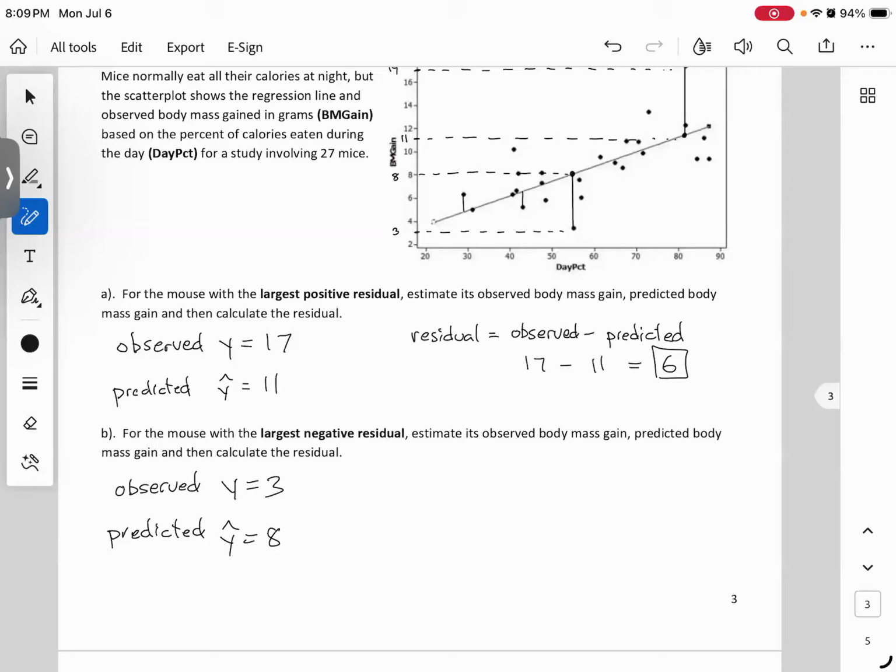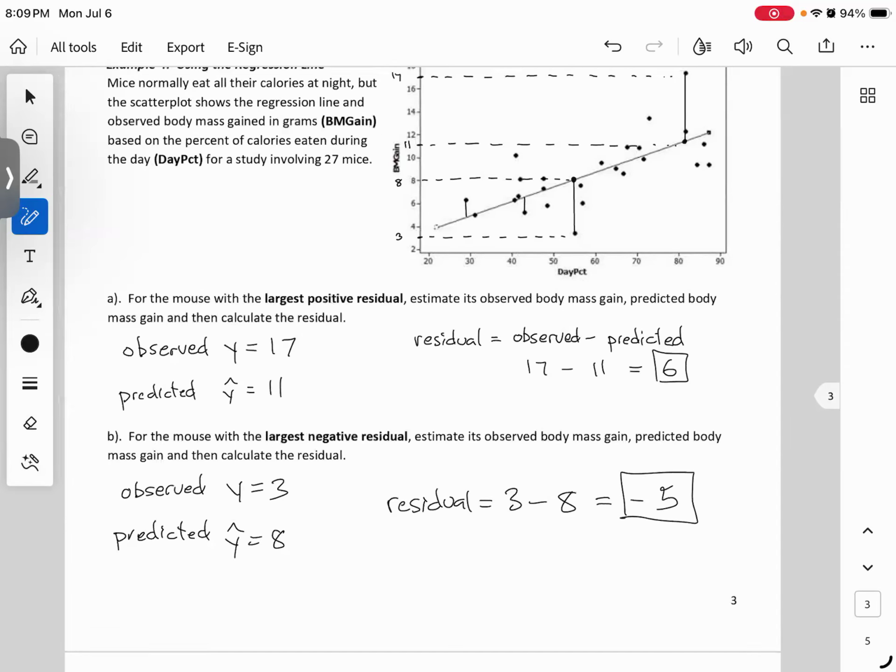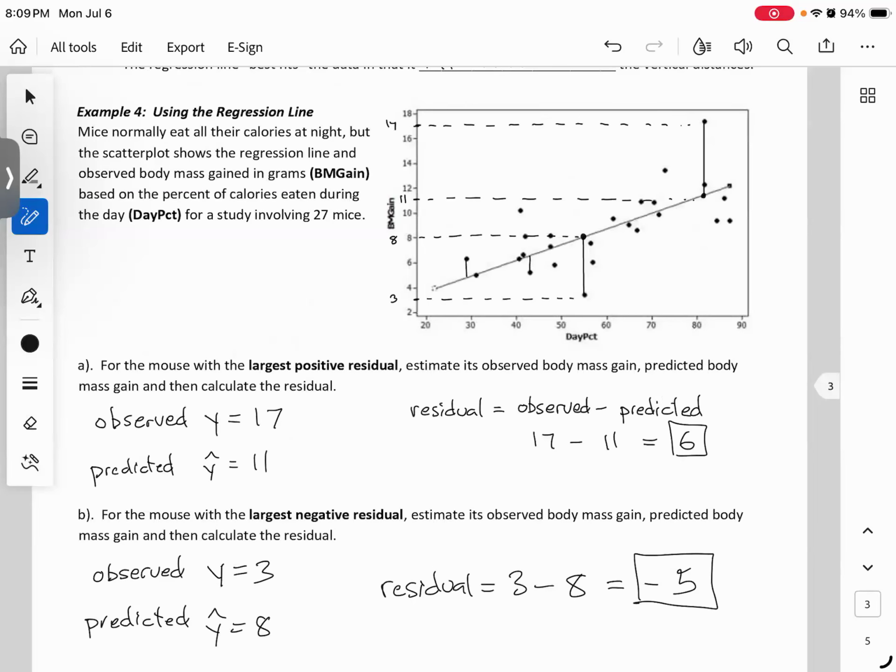Then for your residual, you always take the observed minus the predicted, and we get a -5 residual. What do we mean by negative? Why the 5? The 5 is the distance. The negative is a way of letting somebody know that it was a residual for an observed value that was lower than the predicted.